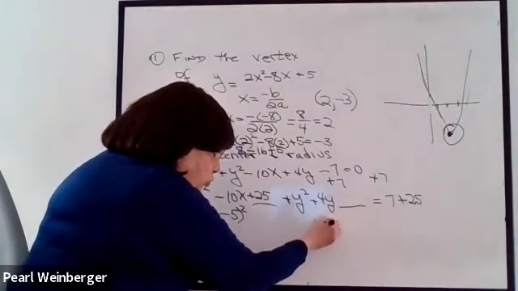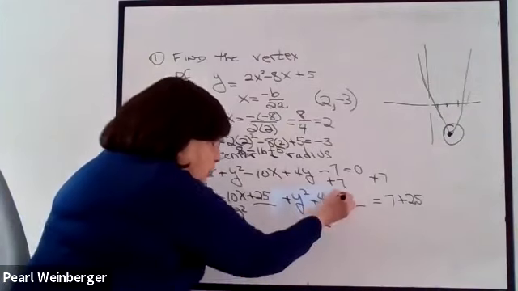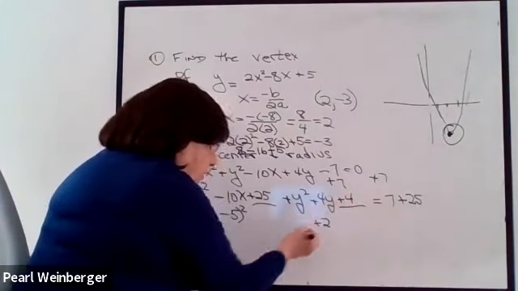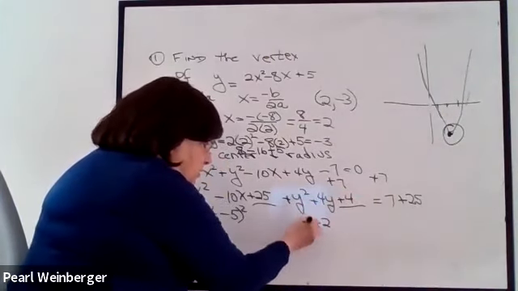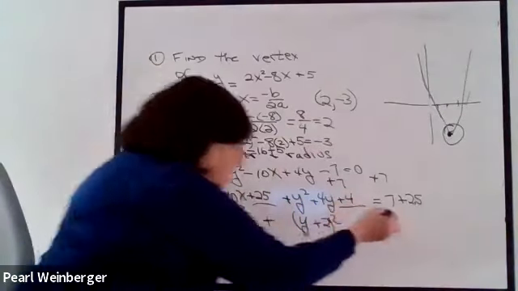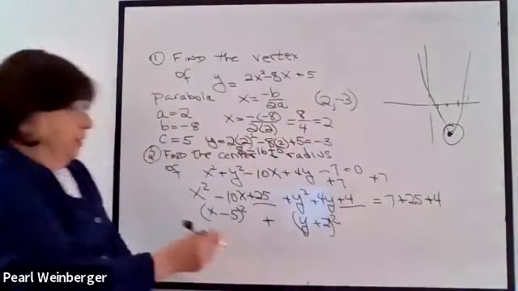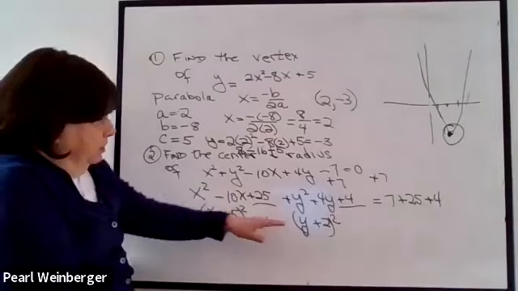That gives me 2. And we multiply it by itself. 2 times 2 is 4. That, of course, now gives us y plus 2 squared. Put a plus in between these. And of course, I have to add 4 to the other side. So this side is complete.